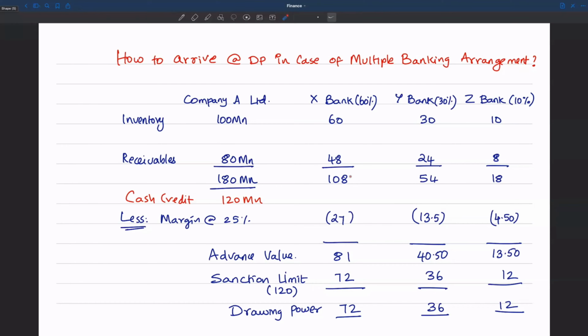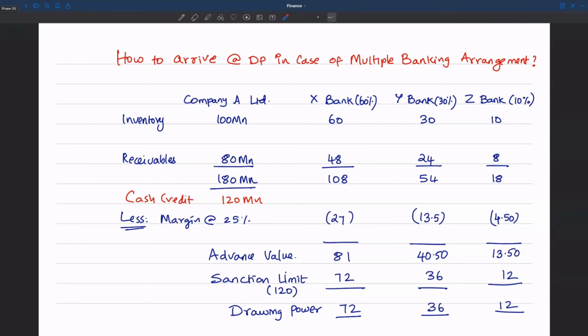So on this 108, let us deduct margin at the rate of 25%. So 108, 25% works out to 27, and here it is 13.5, and here it is 18 into 25%, 4.5. So if I deduct that margin, I will get to know what is the advance value. 81, 40.5, 13.5. So this is the advance value.